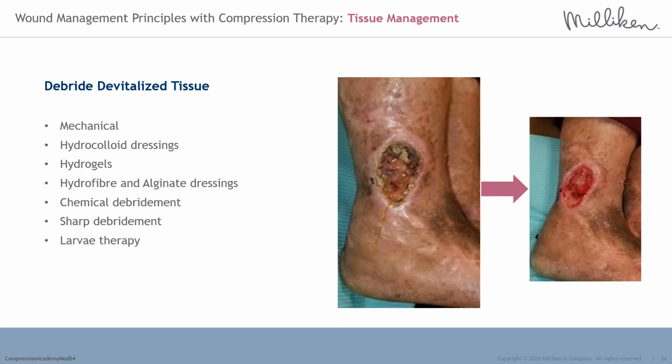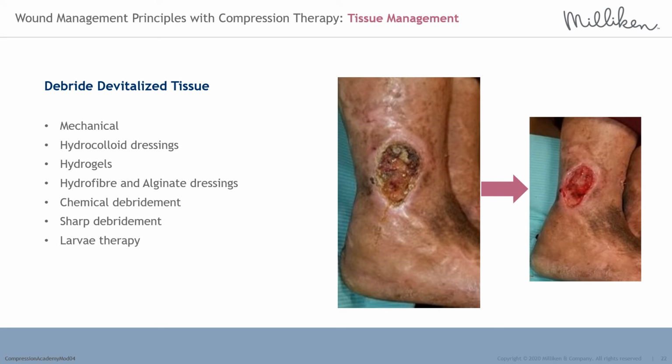Hydrofibre and alginate dressings. We've previously explored these for surface slough and fibrin management. Chemical and enzymatic debridement agents are very effective when used by specialist practitioners. These are less popular in routine leg ulcer management.